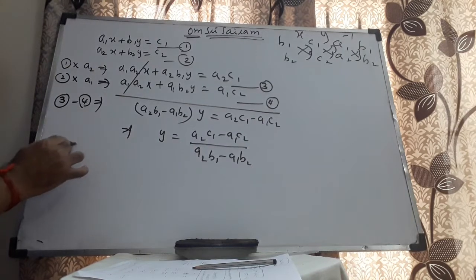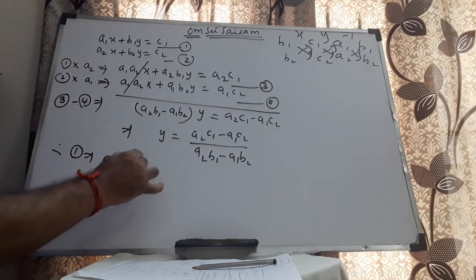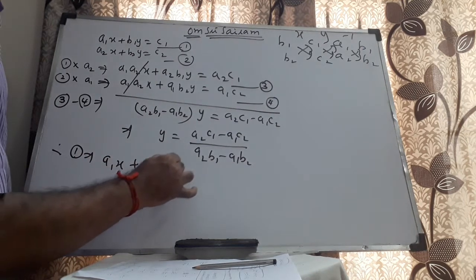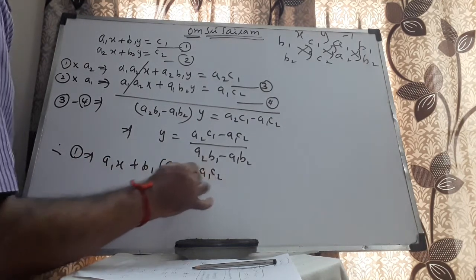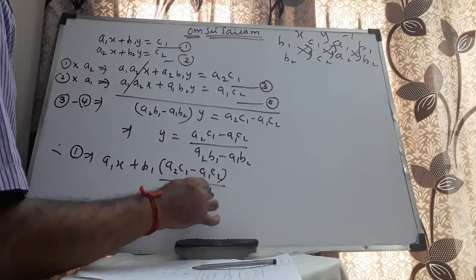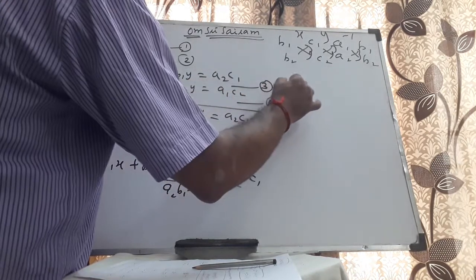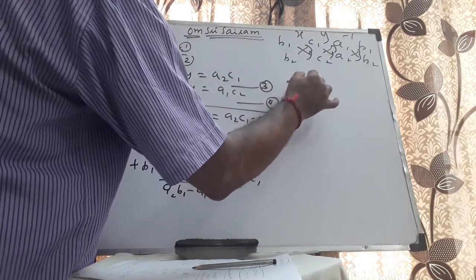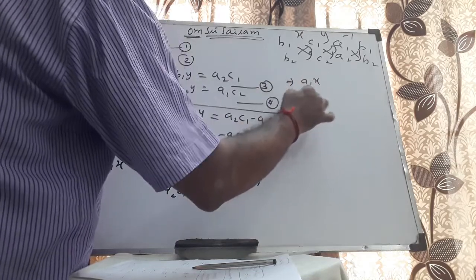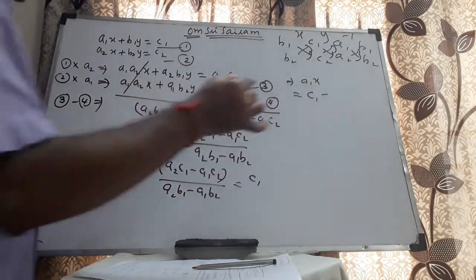Now therefore equation 1 will automatically imply a1x plus b1 into a2 c1 minus a1 c2 divided by a2 b1 minus a1 b2 to be equal to c1. Let me proceed over here. a1x will be equal to, it looks a little bit complicated but it is not complicated.